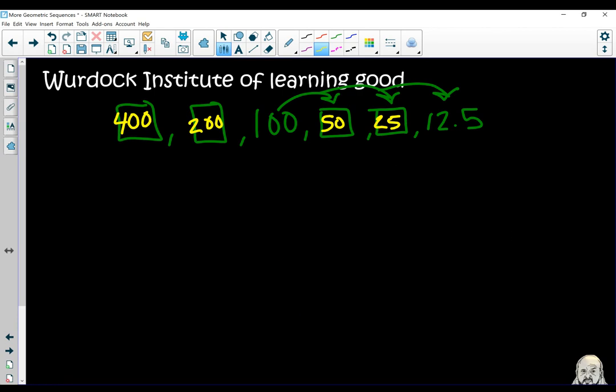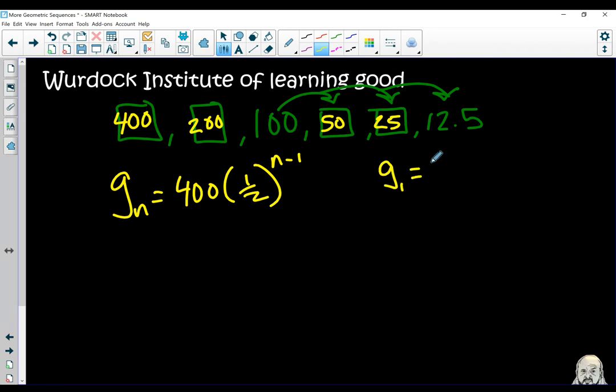So now based on all that information, we could write the sequence as g sub n equals 400 times half, or half as a decimal, to the power of n minus 1, or recursively, g sub 1 equals 400. And to figure out any term, you take the previous term and multiply it by half.